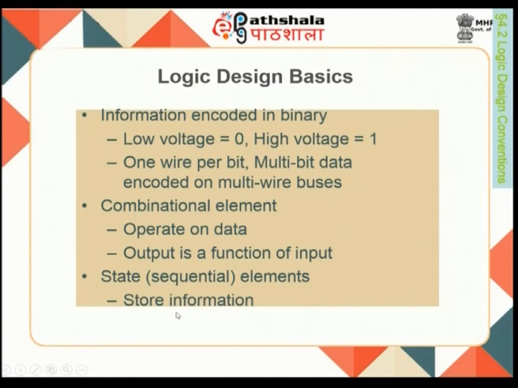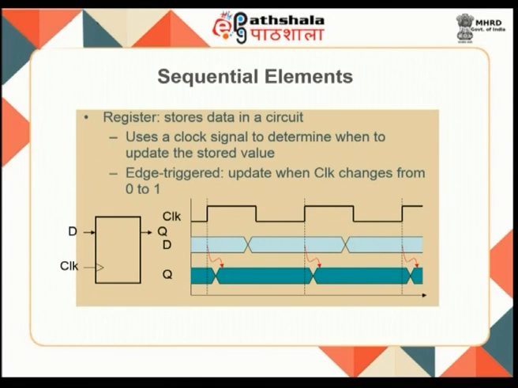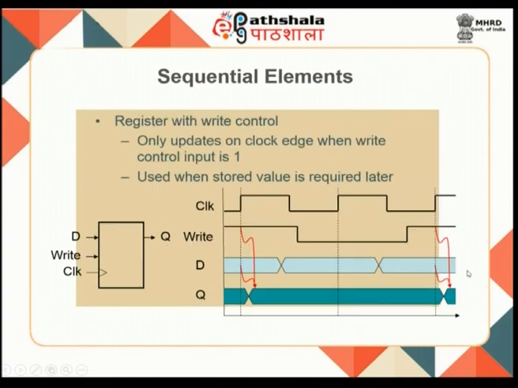Whereas, a sequential element is capable of storing information. These are some examples of combinational circuits, and this is a sequential element, a flip flop, which is capable of storing information and is edge triggered. Similarly, this shows you a register, where you have a series of flip flops and a register with a write control.